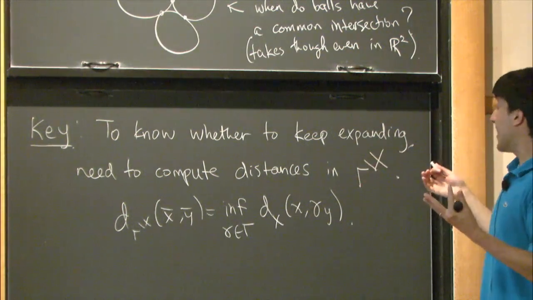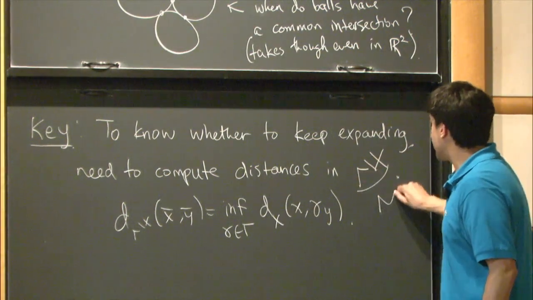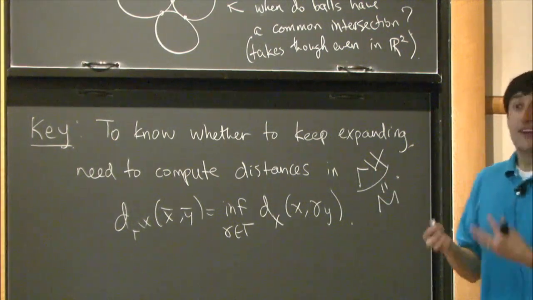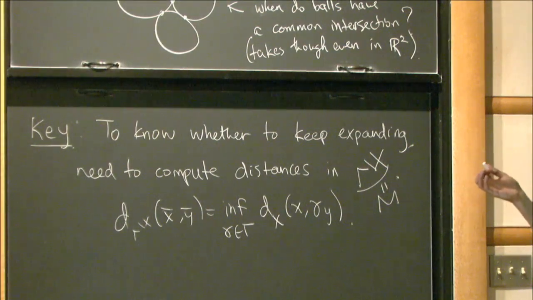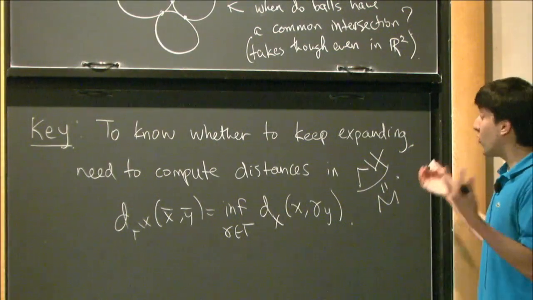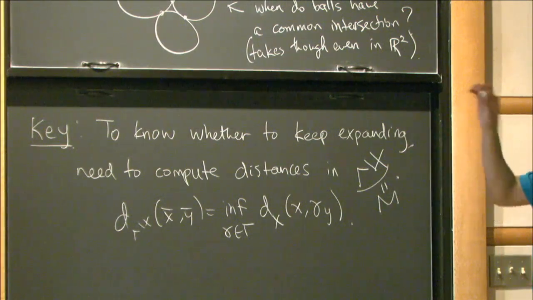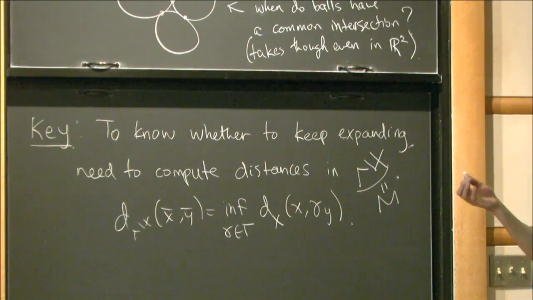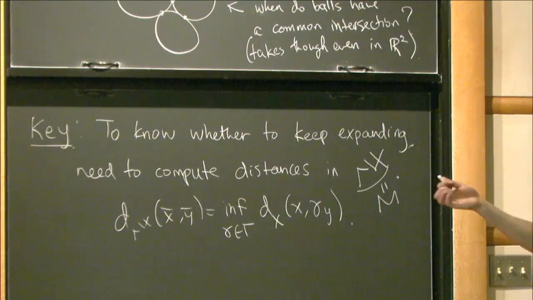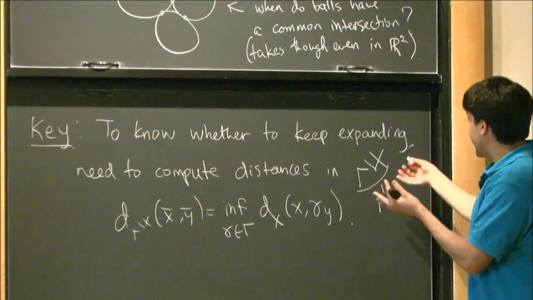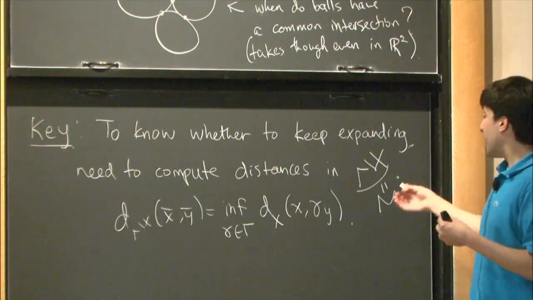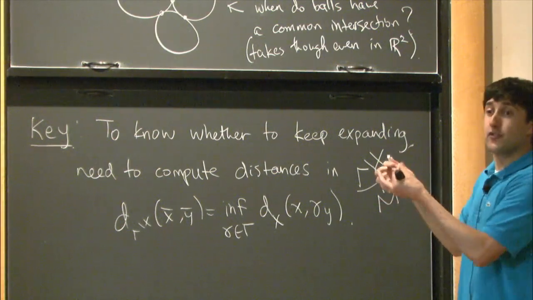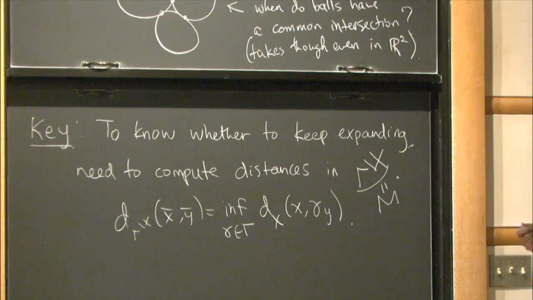collection of points that they claim covers this manifold gamma mod x. And maybe you believe that that set of points covers gamma mod x, but you want to determine the one-skeleton of the Čech complex that is determined by that set of points. To determine whether two points are adjacent in the Čech complex, whether they share a common edge, it just boils down to a question of whether those two points are close in the quotient.